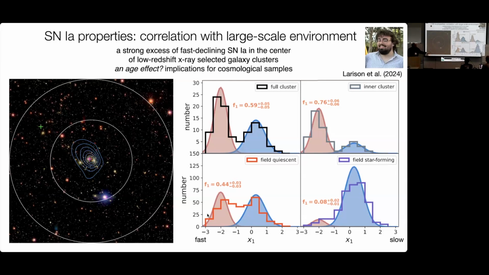And here is the distribution in early type galaxies. It kind of has this perhaps bimodal kind of thing. Whereas if you look at it in star forming galaxies, you see a much different distribution. You see many more slow decliners, and you see faster decliners preferentially in these early type galaxies. Okay. So clearly, we don't think that the supernova looks around and says, oh, I'm going to look at the galaxy, I'm going to be a fast decliner.